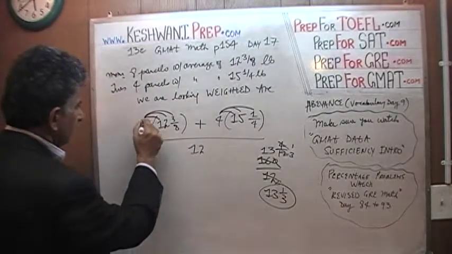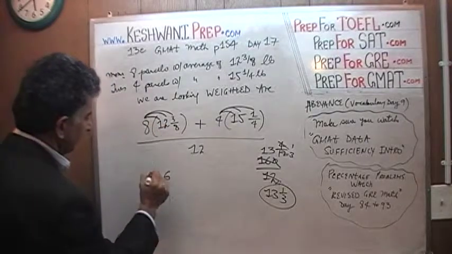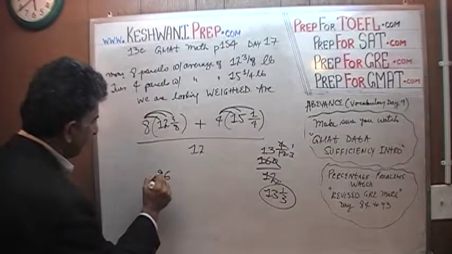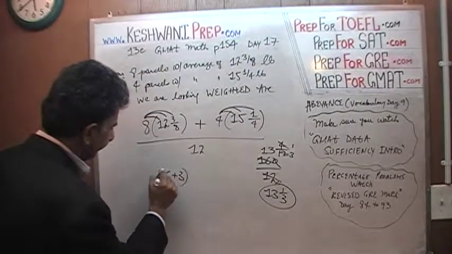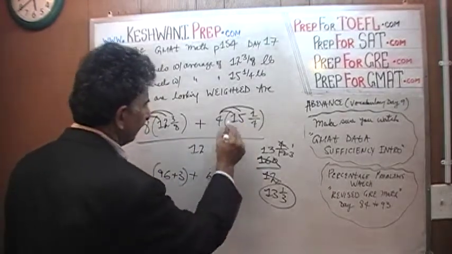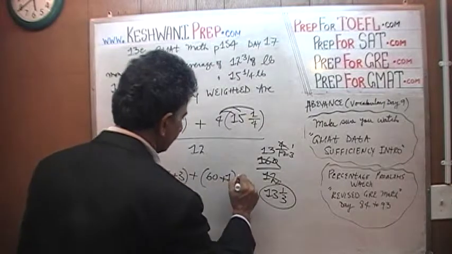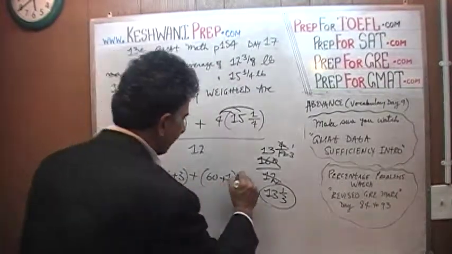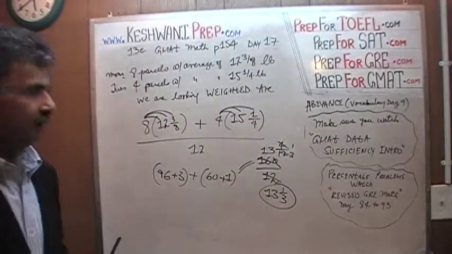See? 8 2s are 16, 6, carry 1, 8 1s are 8, plus 1 is 9, and then 8 3/4 are 3. Similarly here, 15 4s are 60, and 4 quarters are 1. And that's where we got these two numbers. That's where we got 160 from. The answer is 13 and a third.